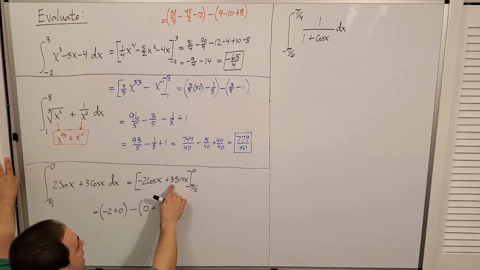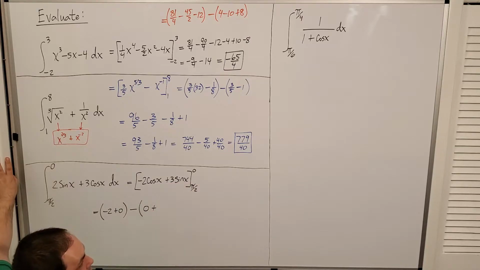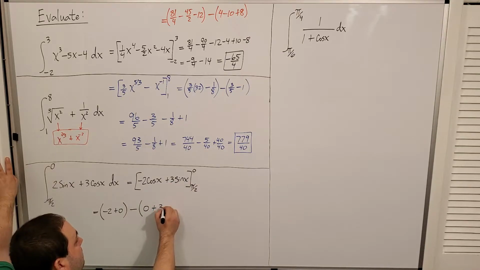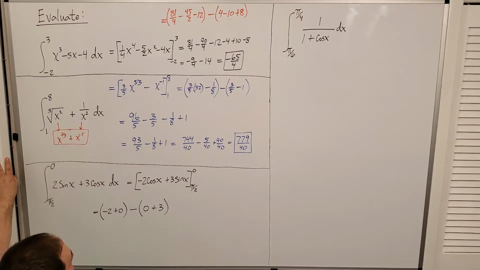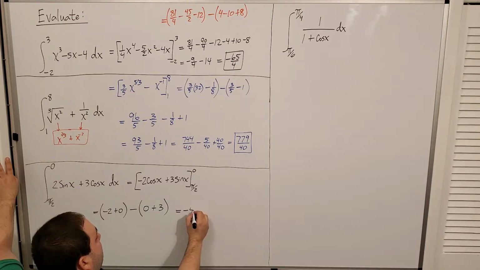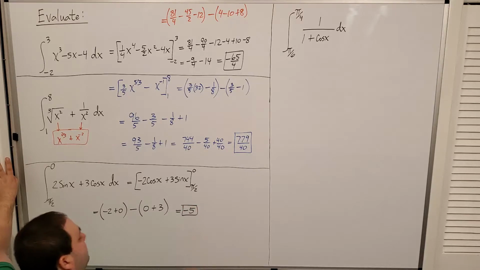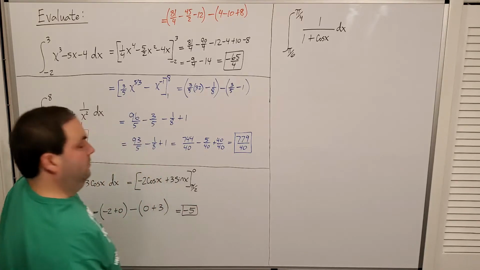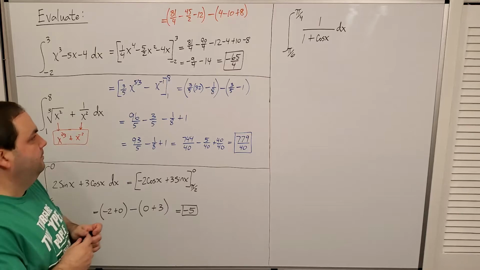Plus 3 times sine of pi over 2 is 1. Like this. So it looks like what I'm getting is negative 2 minus 3 for a grand total of negative 5. Alrighty.